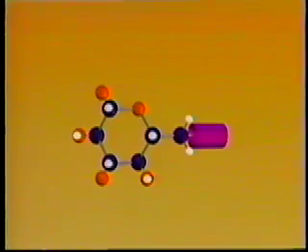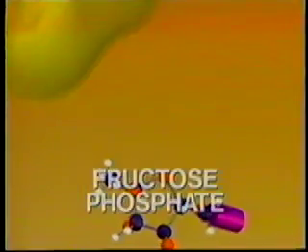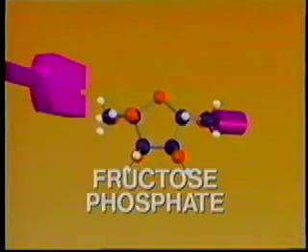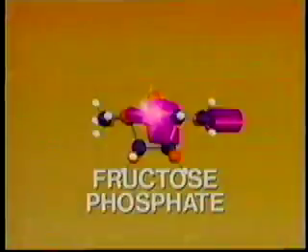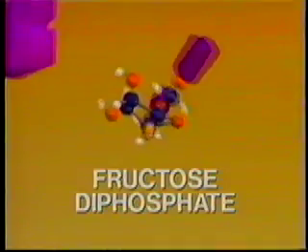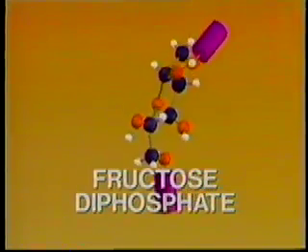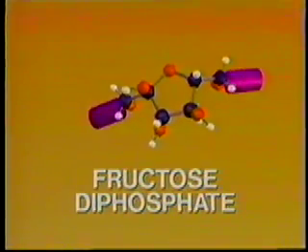In reaction 2, the committed glucose phosphate encounters an enzyme and is reshaped to fructose phosphate. In reaction 3, fructose phosphate reacts with a molecule of ATP, producing fructose diphosphate.